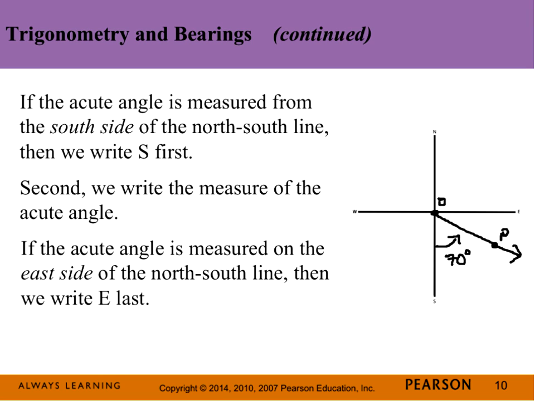And we'll say that angle is 70 degrees. So if I want to give the bearings for this position, it would be S for the south side of the north-south line, 70 degrees, and it's moving to the east.